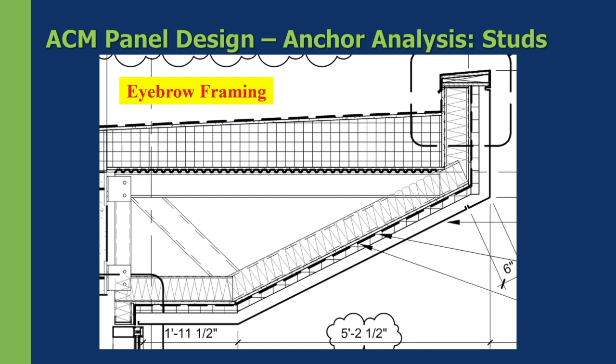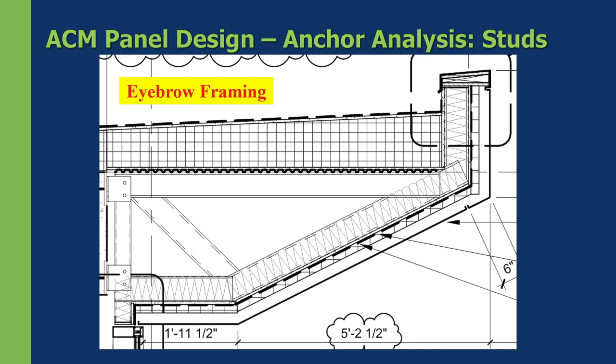So let's talk about some limitations and weird stud configurations that you need to watch out for. This is what we consider an eyebrow framing. So you have a large projection out from the roof line, and you see a panel wrap around, go up at an angle, and wrap around the parapet.